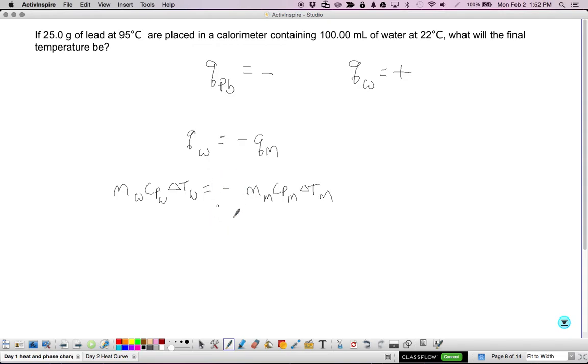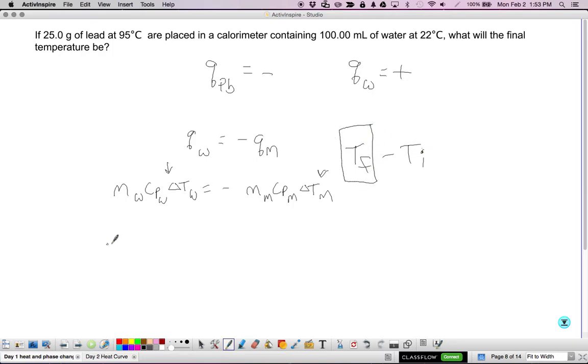So I'm going to have to do everything here. The first thing I need to do is expand these. Remember that this is T final minus T initial, and this is T final minus T initial. The important thing to remember is that T final is what we're trying to find, and it's going to be the same for both.